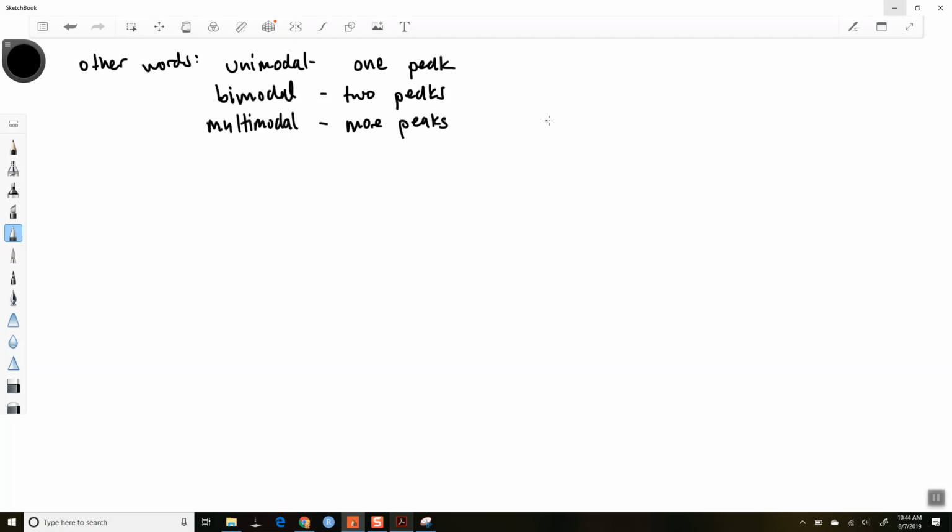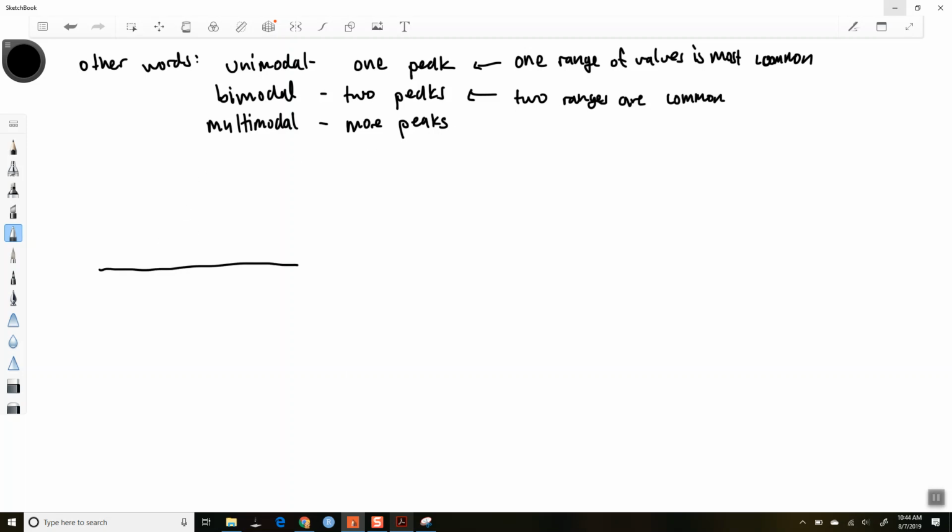Okay, so what does that mean? One peak means kind of one range of values is most common. And then 2 peaks would be something like 2 ranges are common, etc. Okay, and so this is unimodal.